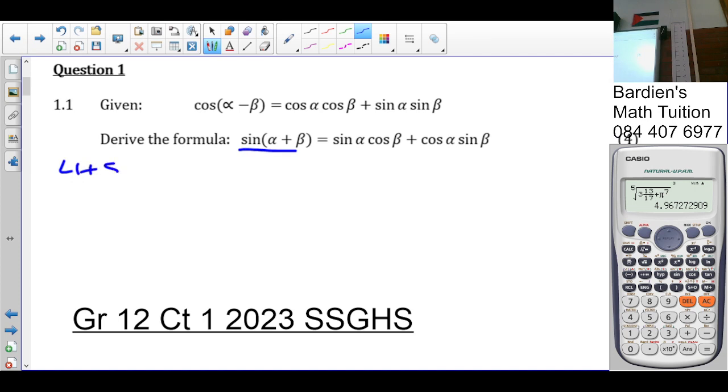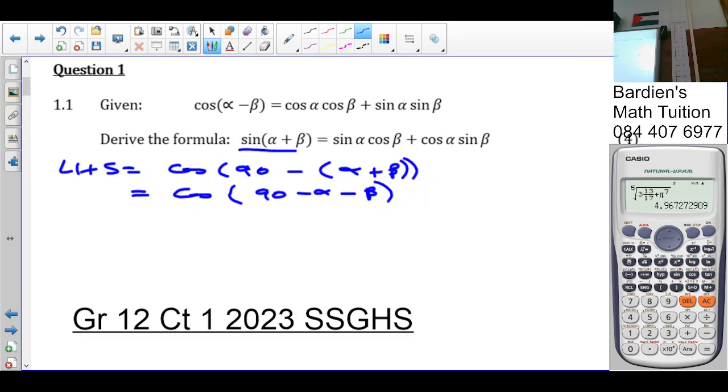So left hand side is equal to, now sine can be written as cos of 90 minus alpha plus beta. I'm going to get rid of the bracket within. It's going to give me cos of 90 minus alpha minus beta. So as you can see, you got that minus beta there. So alpha is then going to be 90 minus alpha.